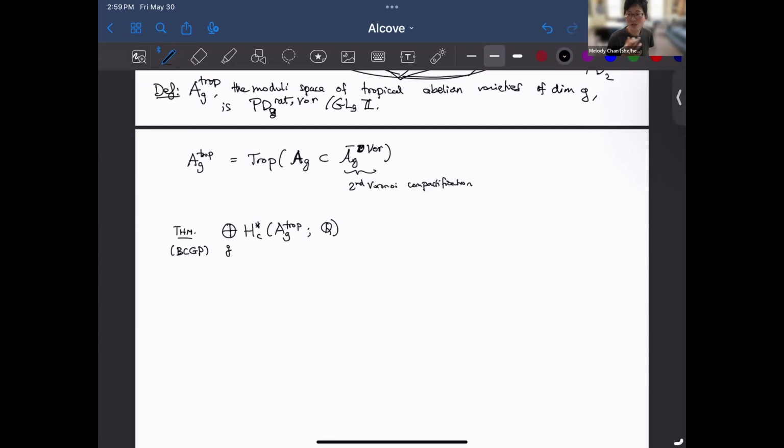It may not be visible from the G equals 2 example, but if you consider all of them together, and consider the cohomology with compact supports over all degrees, then what I've written here is a bigraded vector space, and one of our theorems in our long paper says that this bigraded vector space admits the structure of a Hopf algebra.